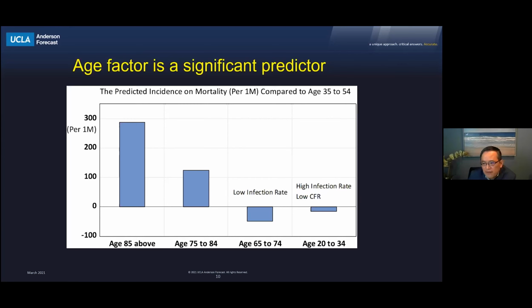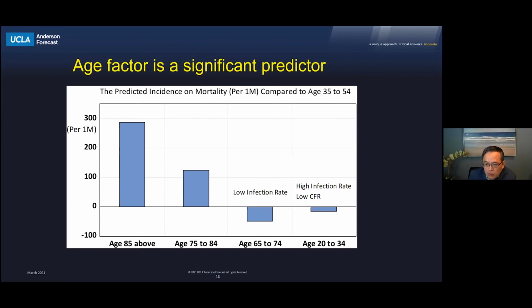And age 75 to 84 is also a high risk group. To my surprise, age 65 to 74, in fact, has a lower mortality rate than the middle age group. And I found out it is because they had a much lower infection rate. Perhaps they are more extremely cautious and they are more likely to be retired and stay at home compared to the middle age group.